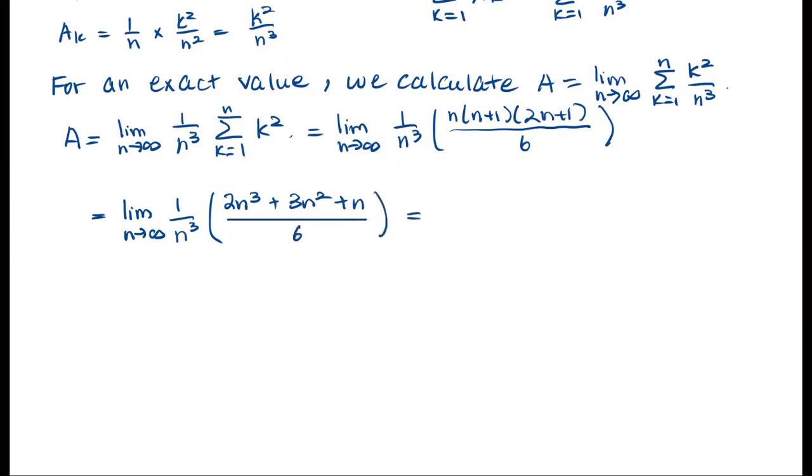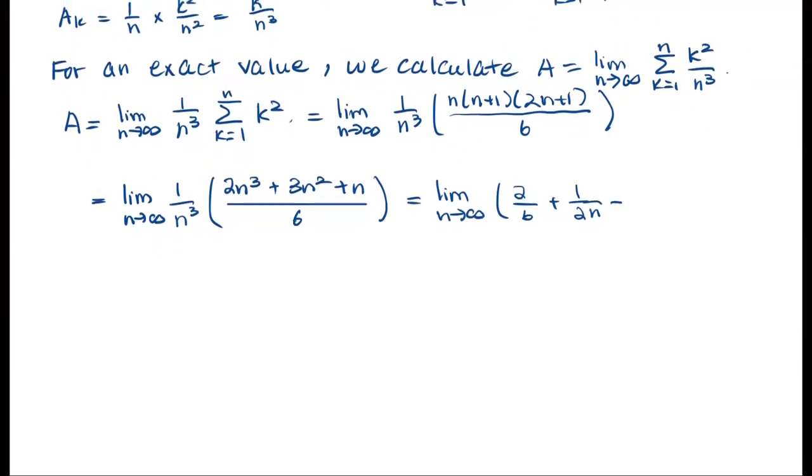Or if you want to, let's expand with the 1 divided by n cubed. We would get 2 over 6 plus 1/2 divided by n. And we would also add 1 over 6n squared.